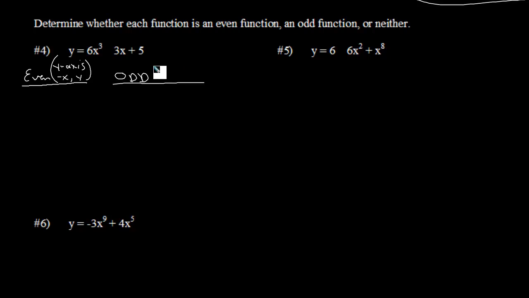To determine if it's odd, that's to say if it's symmetric with respect to the origin, to see if that's true, you make the x negative and you make the y negative. Making it negative means to change its sign. It doesn't mean to make everything a negative number.